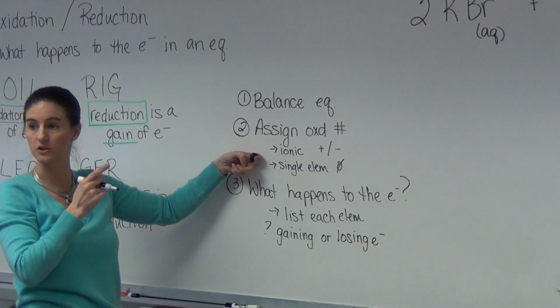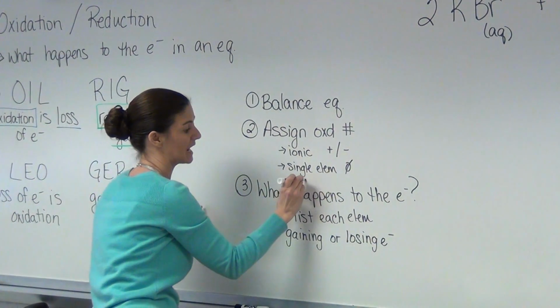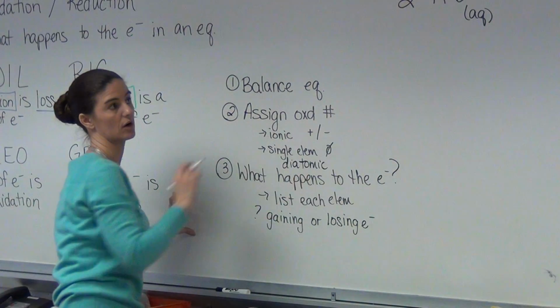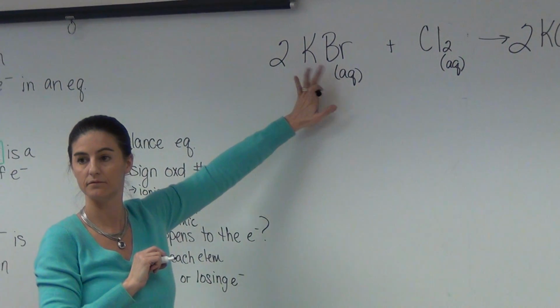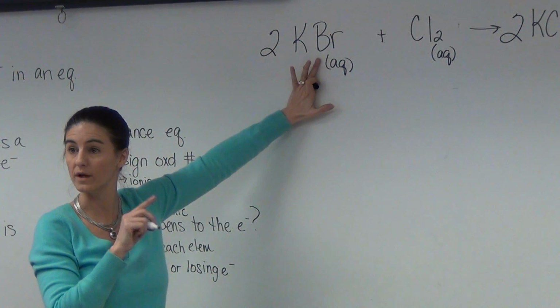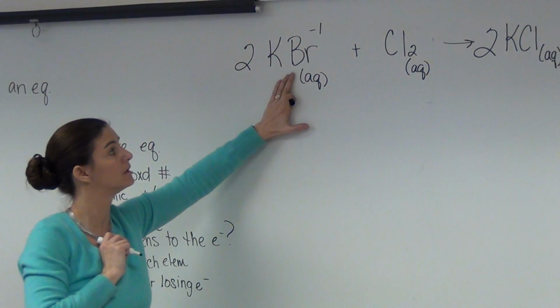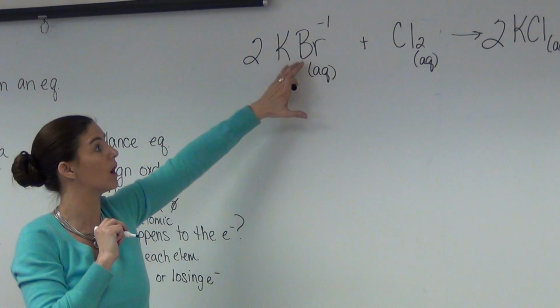Ionic, we know there's positives and negatives. If it's a single element, or we can add diatomic, we get the 0. So, ionic compound, positive, negative. We always know the nonmetal is -1. Column 17, 7 valence electrons, we need 1.